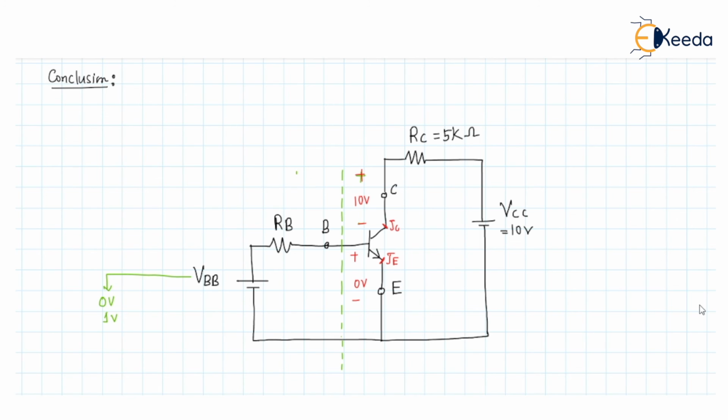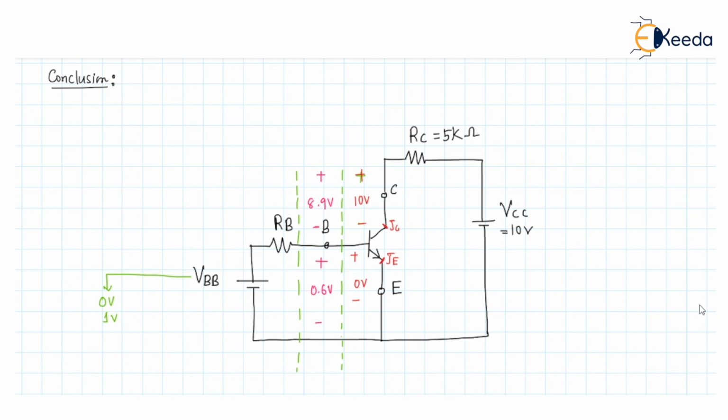When we have changed the potential to 1 volt, the VCB value has decreased and it was 8.9 volt, and the VBE potential has increased. The value was 0.6 volt.